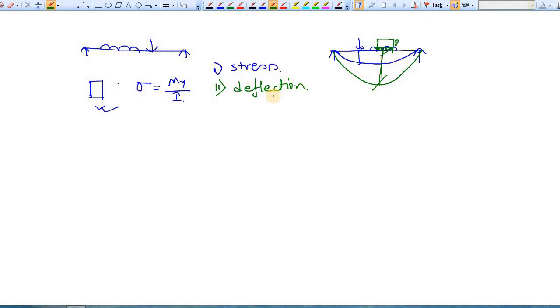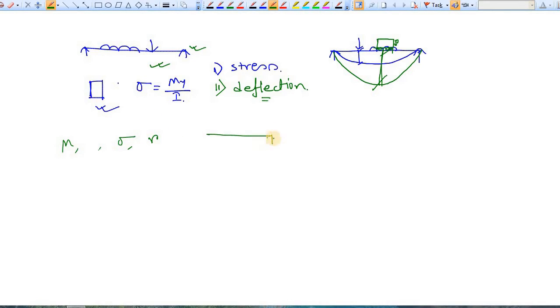In this video we'll learn how to calculate the deflection of any member under any type of loading. Okay, so let's start. Before starting, I think you can recall the formula which we have already derived during our bending moment and shear force relation, the interrelation between bending moment, shear force or stress, bending moment and the radius of curvature.